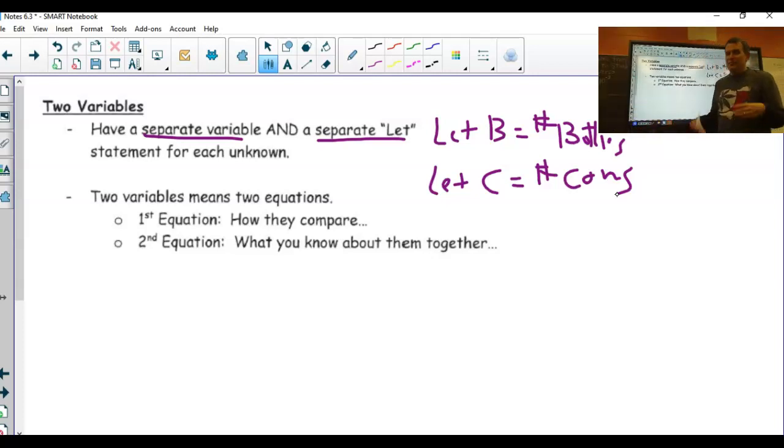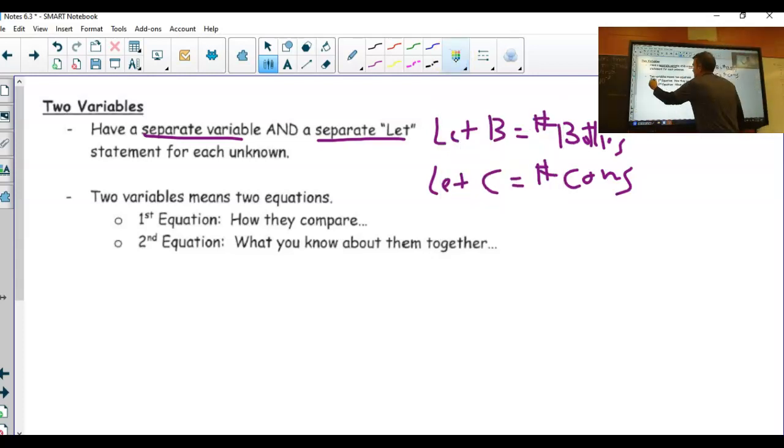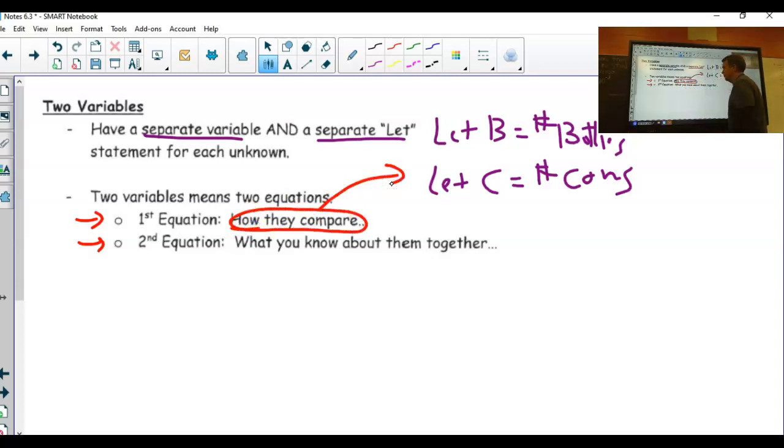Two variables means I'm going to need two equations. So here's what your two equations might look like. The first equation would tell you how these two variables compare to each other.